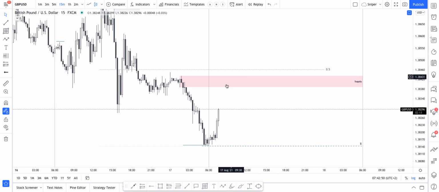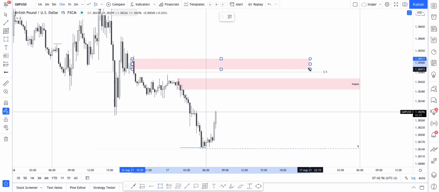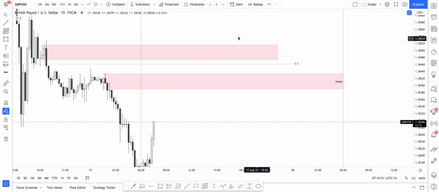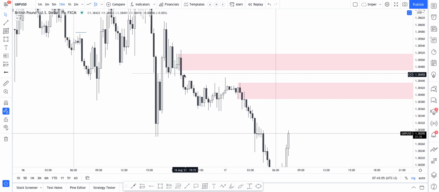If we just look on the 15 minute, this candle over here does look better. I do appreciate this candle formation, this candle type a bit more, just purely because of the bodies leaving that candle. If we now look at the bodies, we can see we have some imbalance left there. We did break this minor structure.